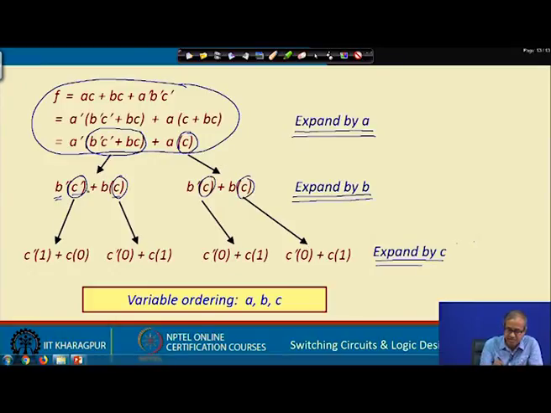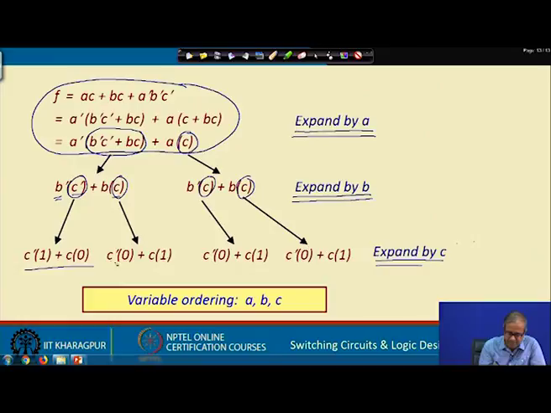So, you see the size of the sub functions are getting smaller and smaller as we proceed. So, in the last step we expand by c, you see c bar can be written like this, c bar multiplied by the negative cofactor, replace c by 0, it becomes 1, plus c multiplied by the positive cofactor, replace c by 1, c bar becomes 0, right.